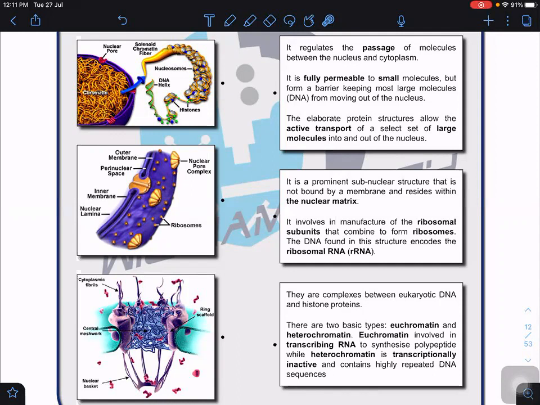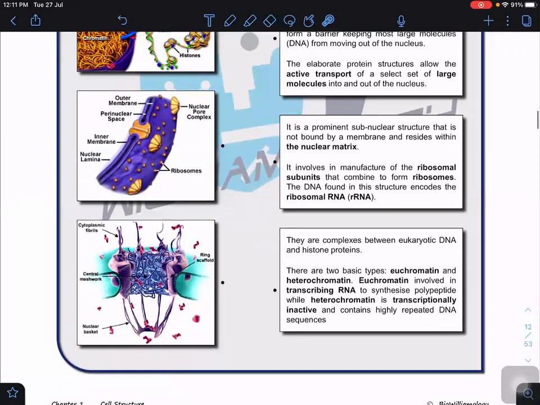This nuclear envelope is perforated. Can you see that? You have the pore, perforated by the nuclear pore or nuclear pore complex. If you zoom in, you can see that the nuclear pore is not an empty space. It has a central meshwork that allows particular items to pass through.